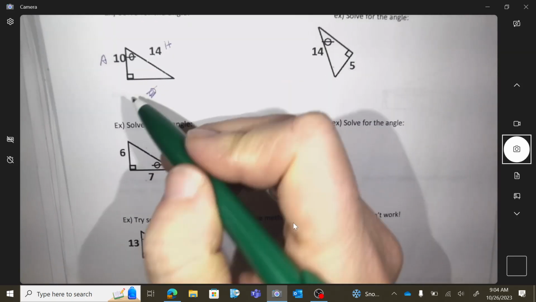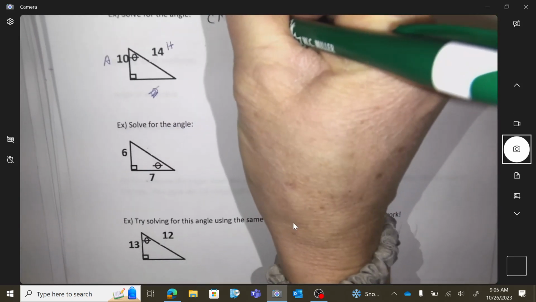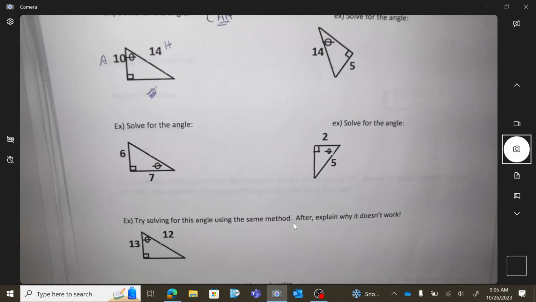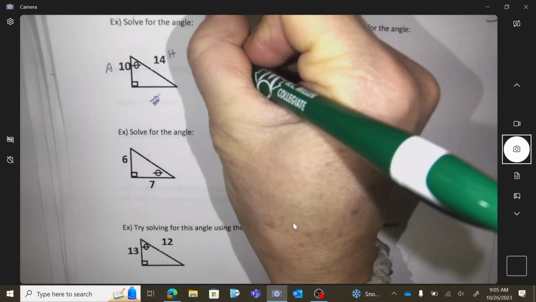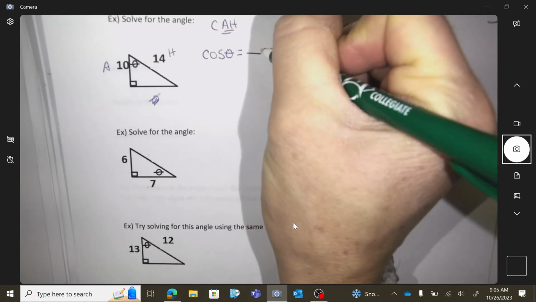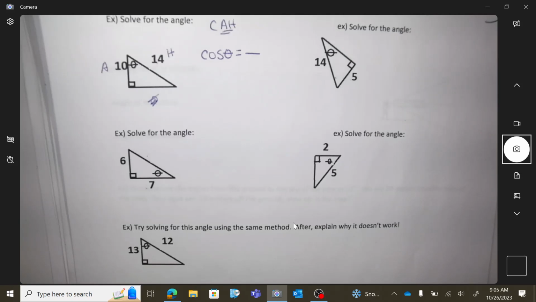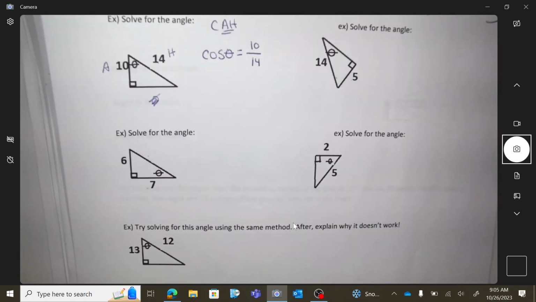The O, leaving me with an A and an H. So which method would that be? Cos, the ka. So I'm going to be using the ka, so that's the cos. So the cos of this angle will equal the fraction A over H, 10 over 14.